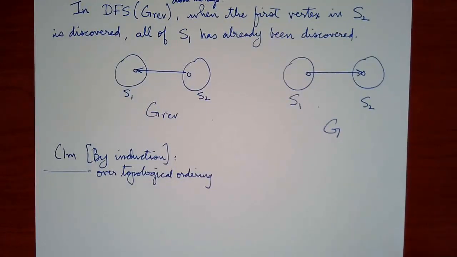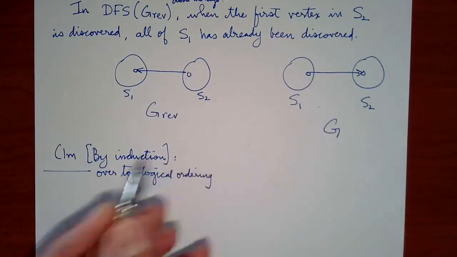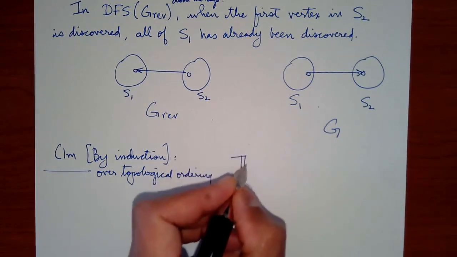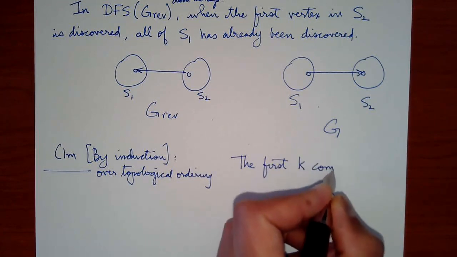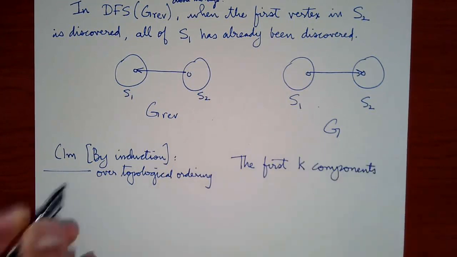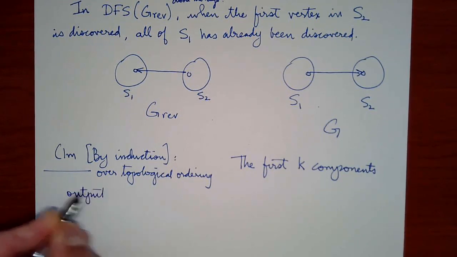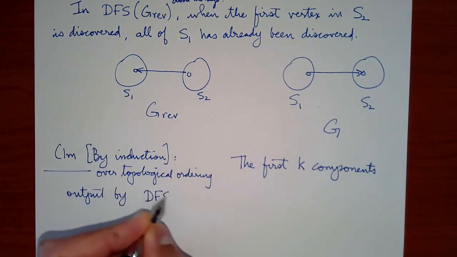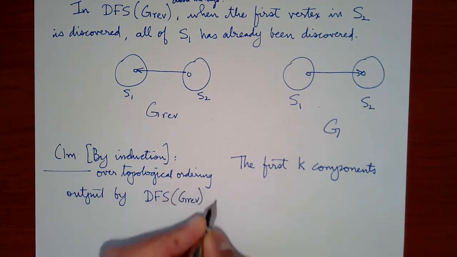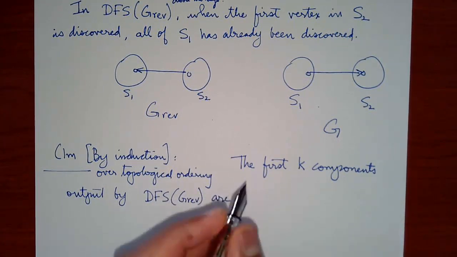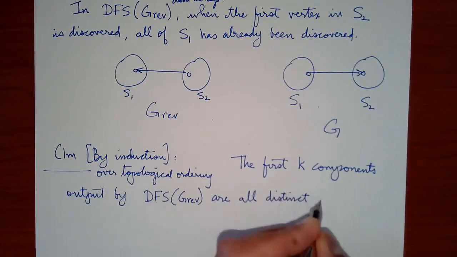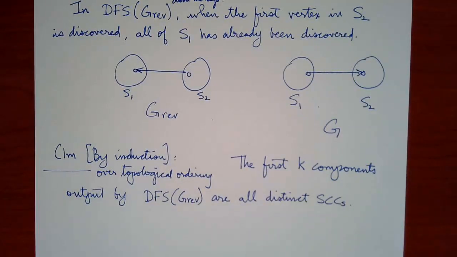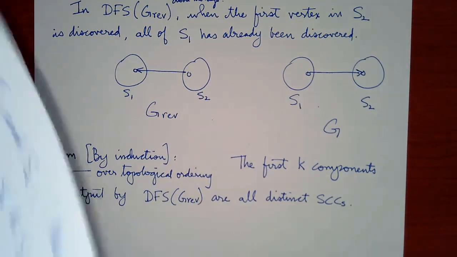So you can prove this by induction over the topological ordering. I'm just going to write a statement that the first k components output by DFS of G reverse are all distinct strongly connected components.